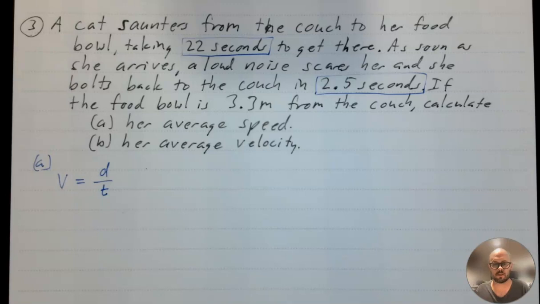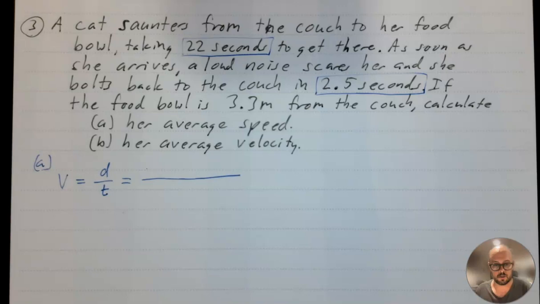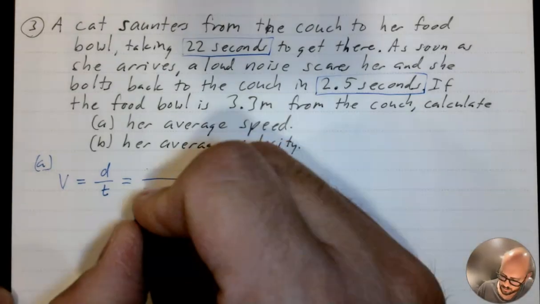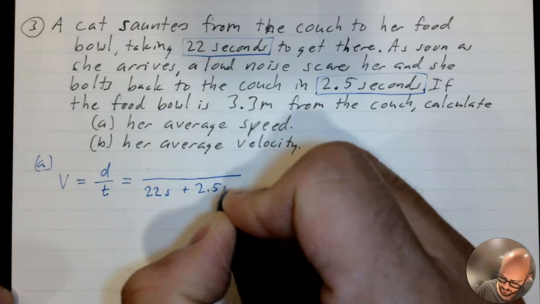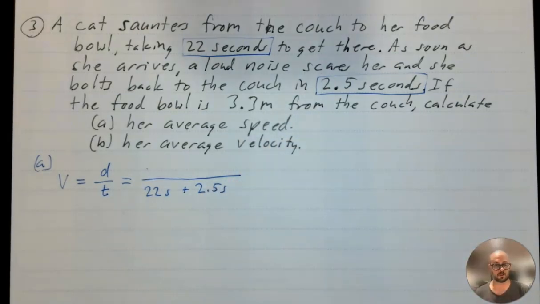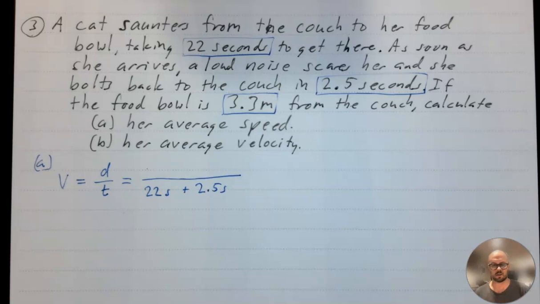So those two times will combine to form our total time elapsed. So I'm going to do the denominator first: 22 seconds plus 2.5 seconds. That's going to be our total time. The last piece of data is that there's 3.3 meters between the food bowl and the couch.